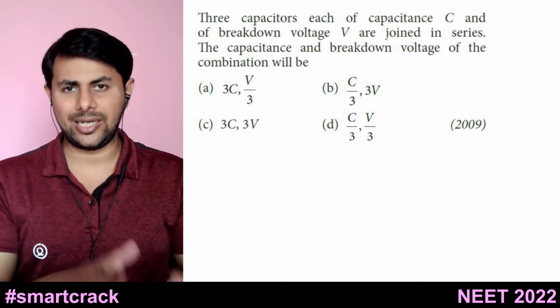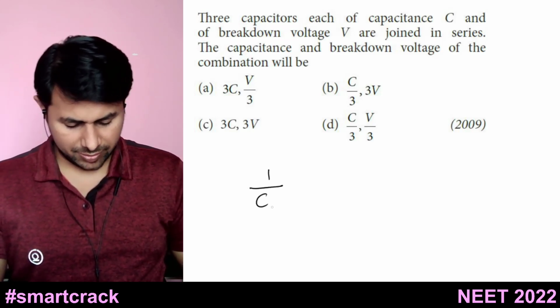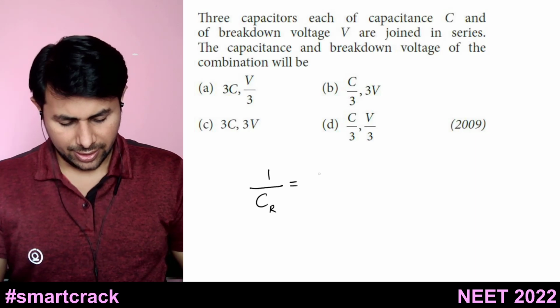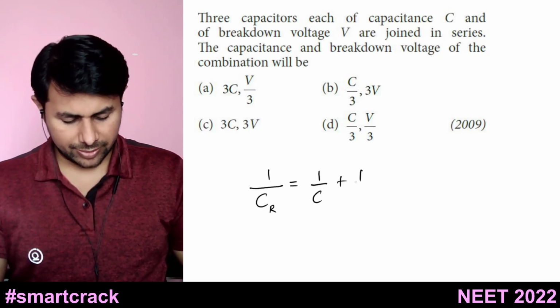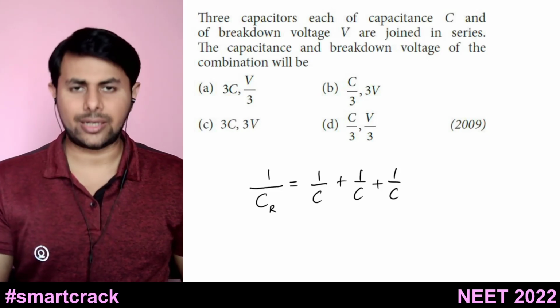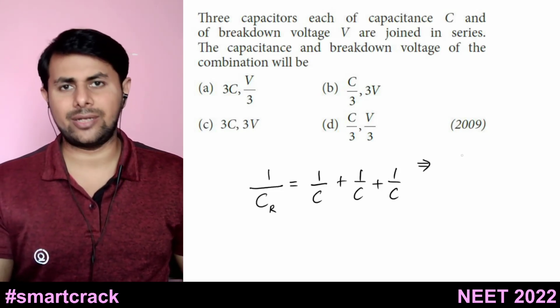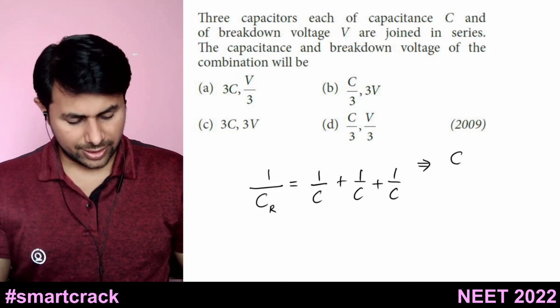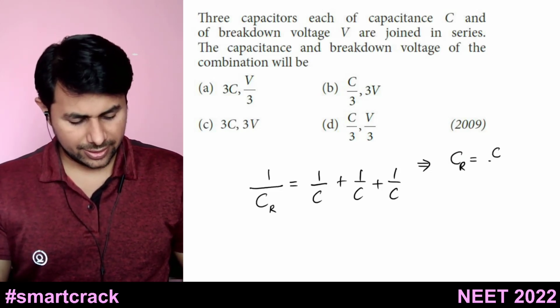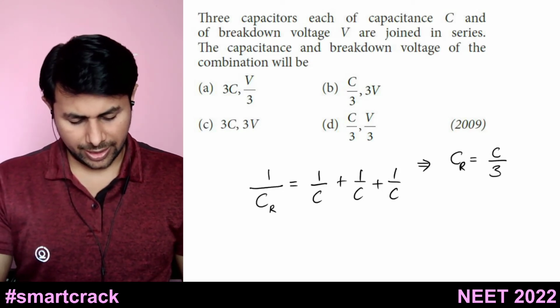These are three capacitors, so the net capacitance in series, 1 upon C resultant, will be equal to 1 over C plus 1 over C plus 1 over C, that is 3 upon C. So 1 upon C resultant equals 3 upon C, and the resultant capacitance is C divided by 3.